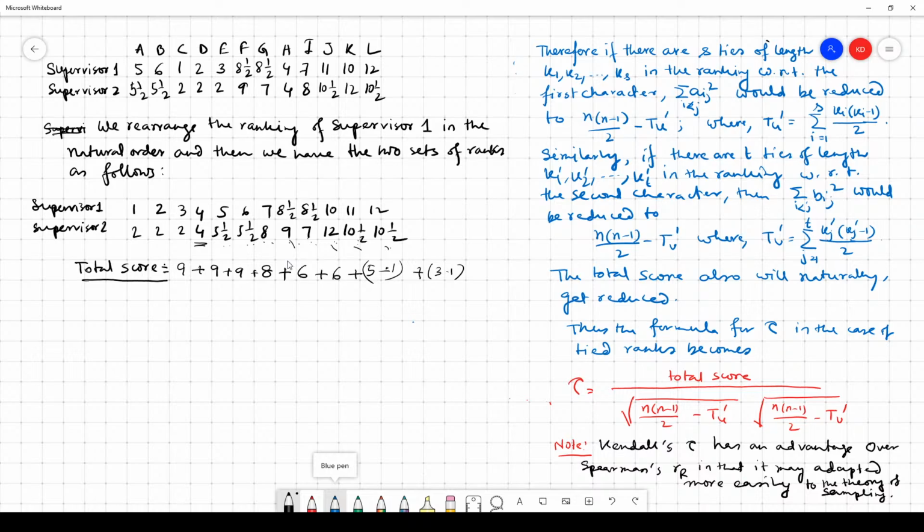I think there is a mistake. If you look at 8, how many numbers are greater than 8? 1, 2, 3, 4, and 1 is less, so it should be 4, not 5.